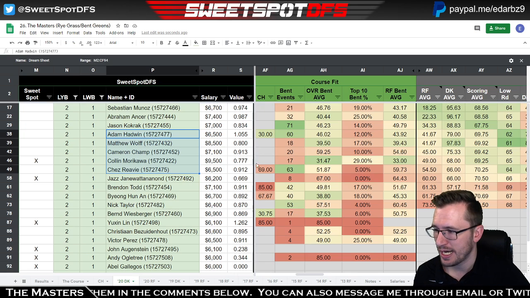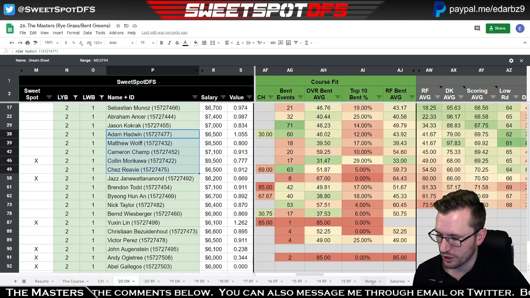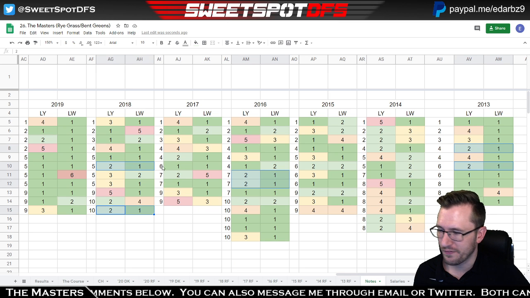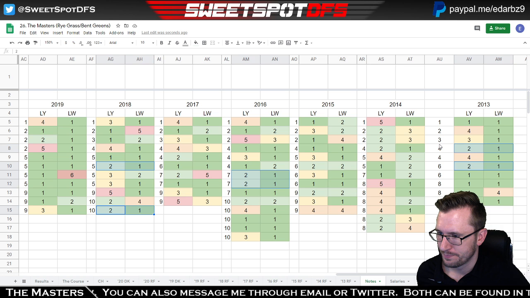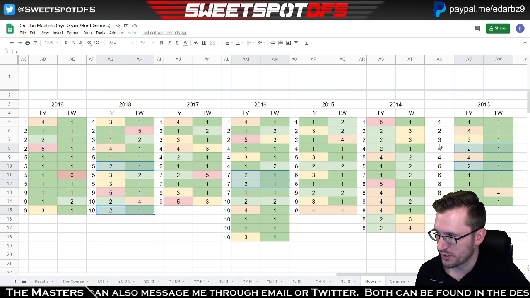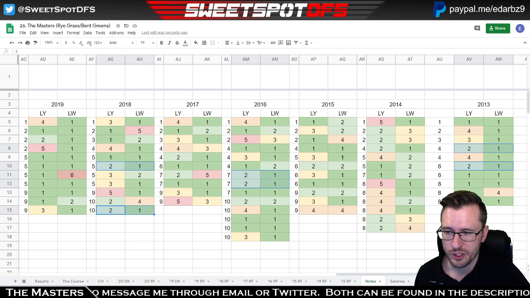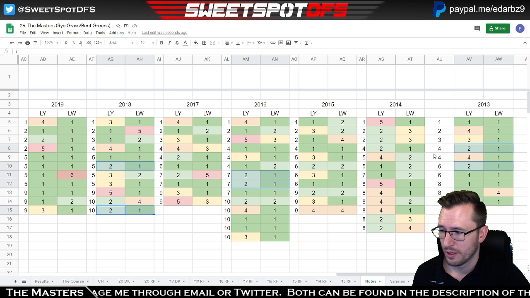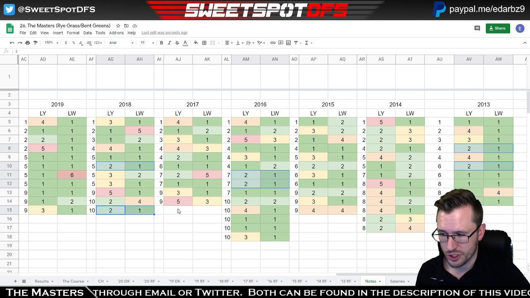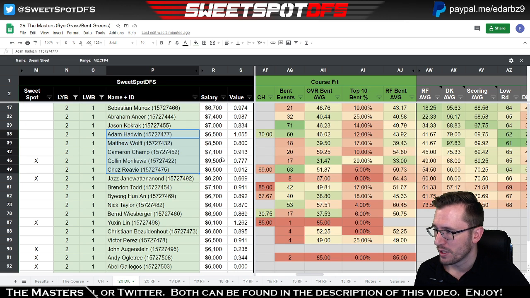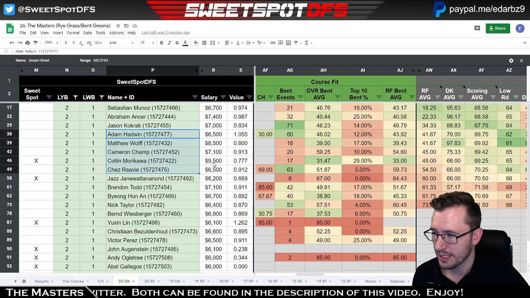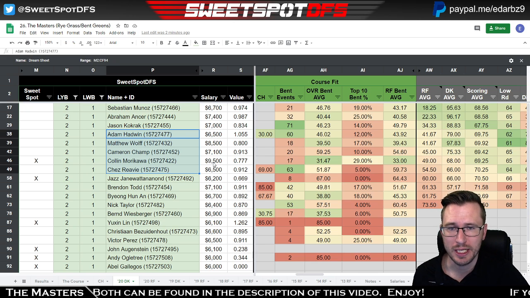Basically, what I'm trying to get at is, let's actually go back here. Look at all the finishing positions. When there are multiple 2-1s, no one has finished better than 4th. And the worst finish is 10th place. When we look at pricing, do you want Collin Morikawa at 9,500 if it happens twice?